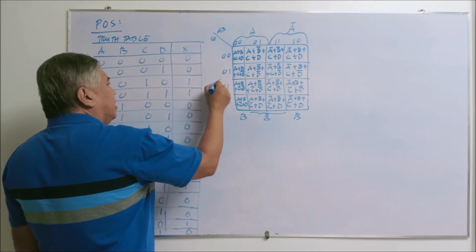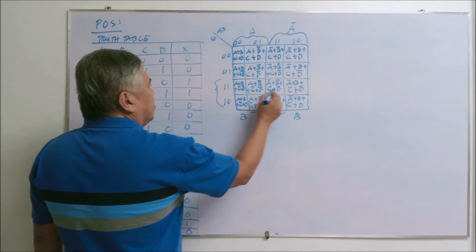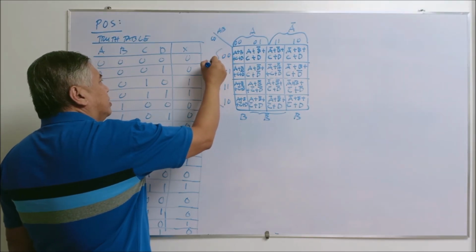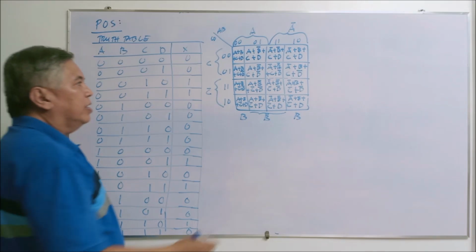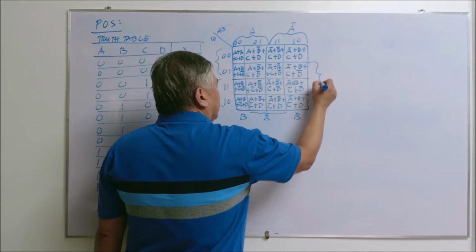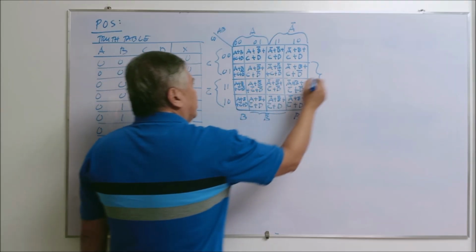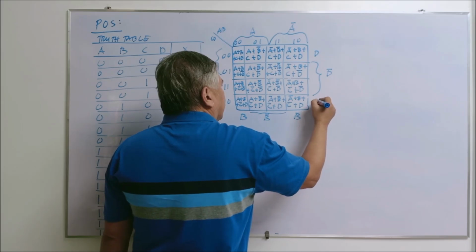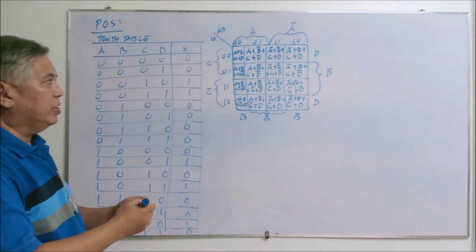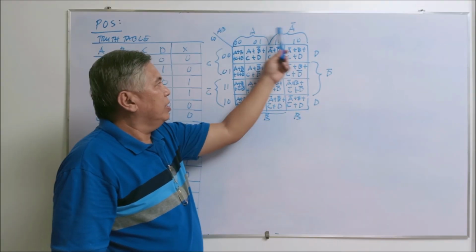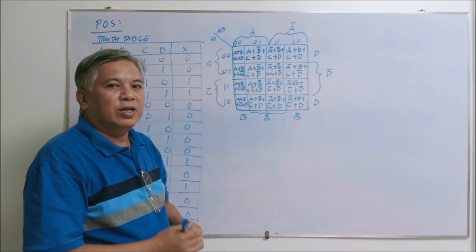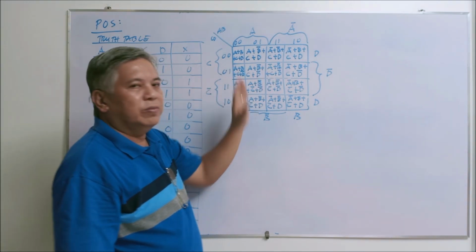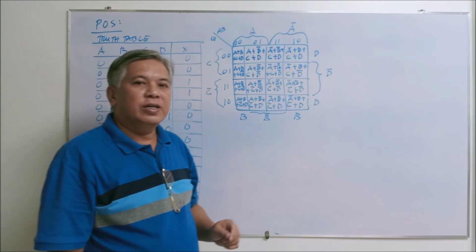And then this area here, the common is C bar, and this one here is C. Then here in the middle, what is common is your D bar. So this one here is D, and this one here is also D. If you notice, the location of your variables is the opposite of the location of your variables in the sum of product expression.